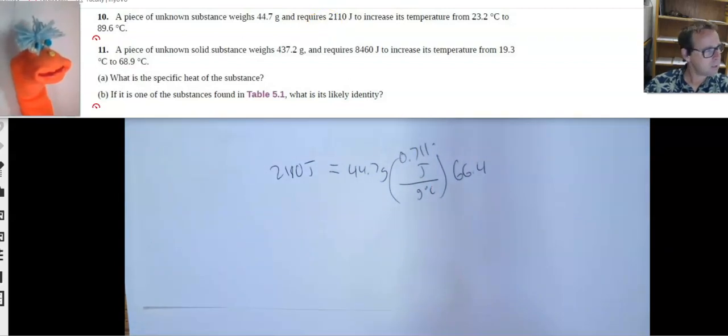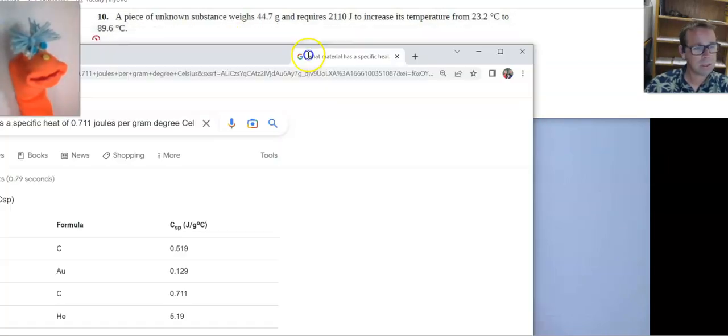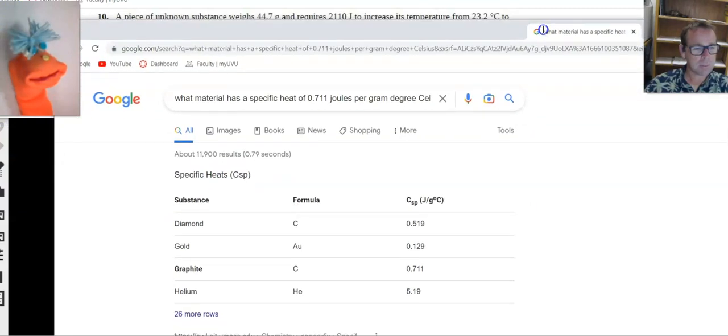That's the specific heat. What material has a specific heat of 0.711 joules per gram degree Celsius? Here is information from Graphite, owl.oit.umass.edu. So here, I'll bring this over here so you can see. This is a list of some specific heats, and graphite has a specific heat of 0.711.